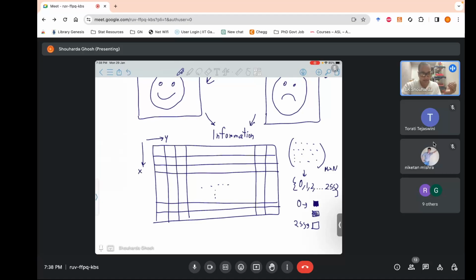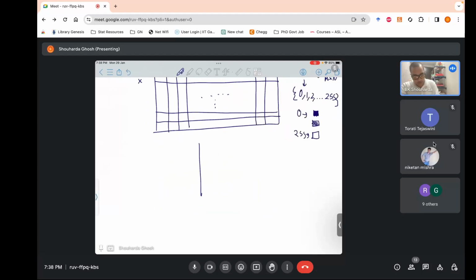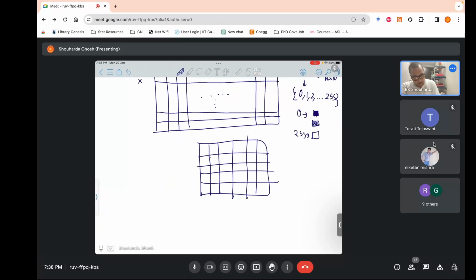I'm talking about black and white images. So if you want me to draw an image for you, let me fill this up. I can't fill this up too nicely. Please assume that they are completely black.